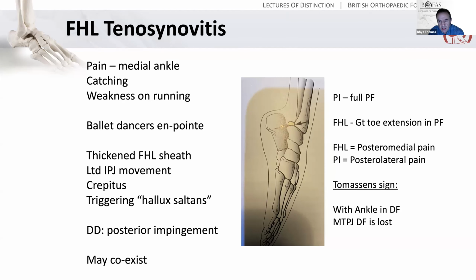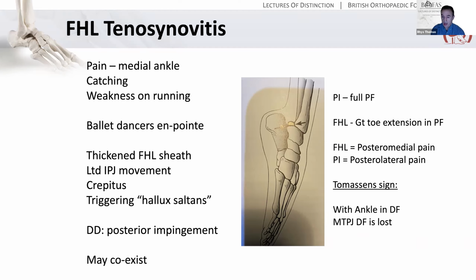With an FHL tenosynovitis, it tends to occur with a degree of plantar flexion, but combine that with great toe extension. Pain from the FHL tends to occur over the posteromedial ankle. Pain from posterior impingement tends to occur over the posterolateral ankle.